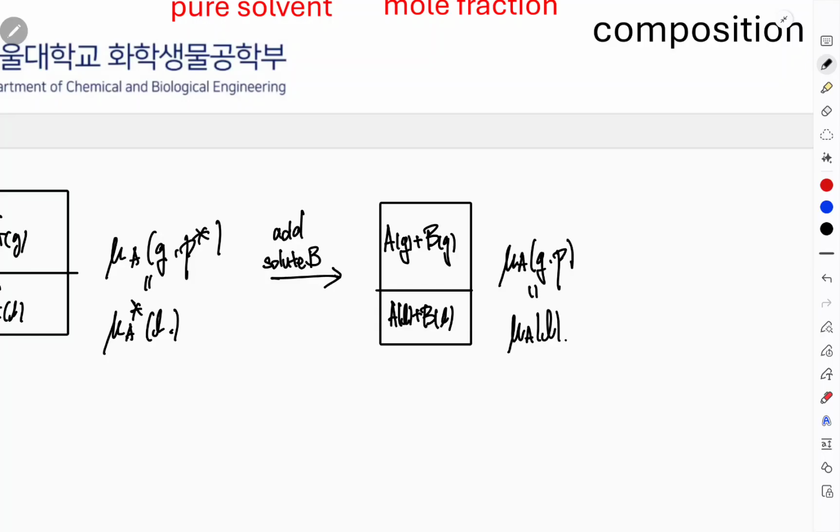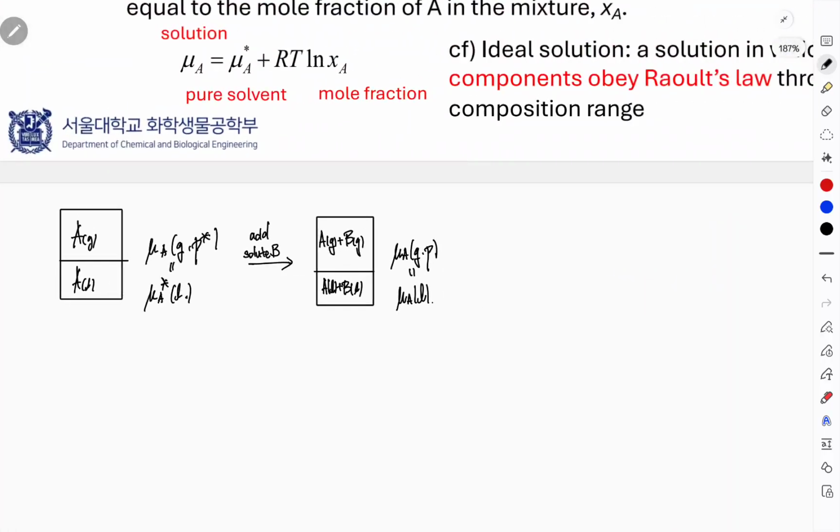So this is the same as the chemical potential for pure substance A in the liquid phase, and we are going to write this one as plus RT ln P star. This equation is for this case as well.